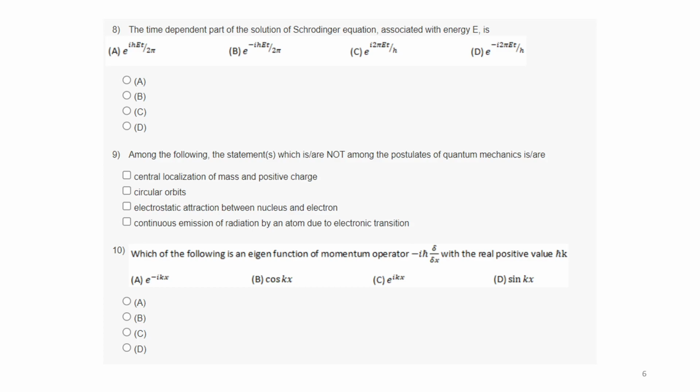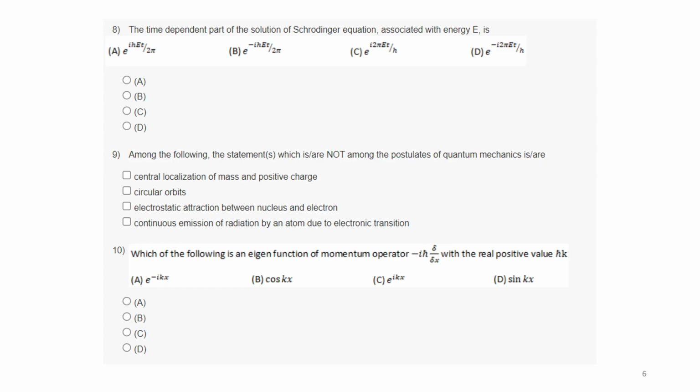Central localization of mass and positive charge would have been a wrong answer because it is given by Rutherford. Electrostatic attraction between nucleus and electron was also not given, I guess. Continuous emission of radiation by an atom due to electronic transition. Actually, continuous emission is the term which I am not getting. Continuous emission is given by Maxwell, no?